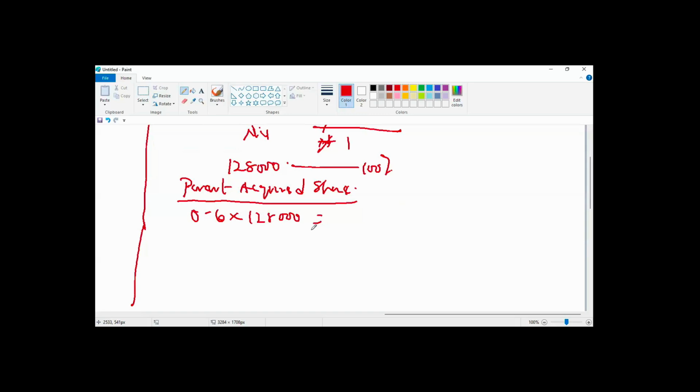76,800. What do you say? 76,800. He has given me a share consideration, and it is an exchange ratio, which must be parent over subsidiary.